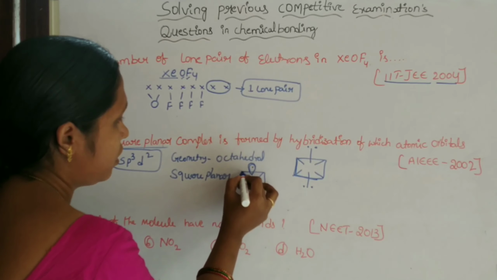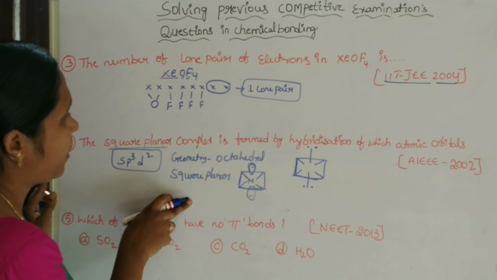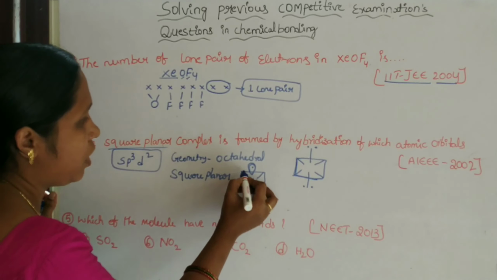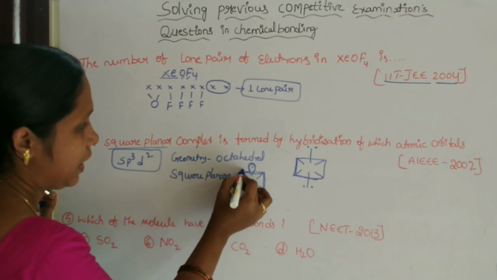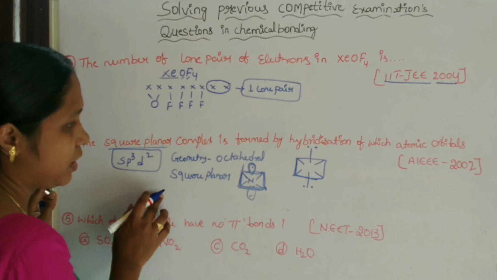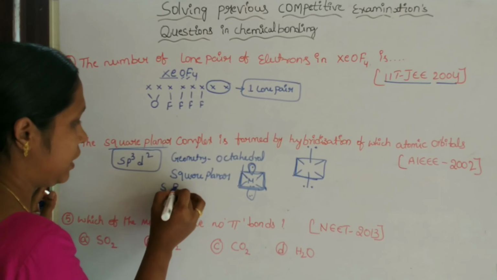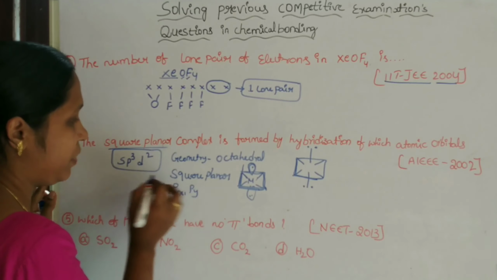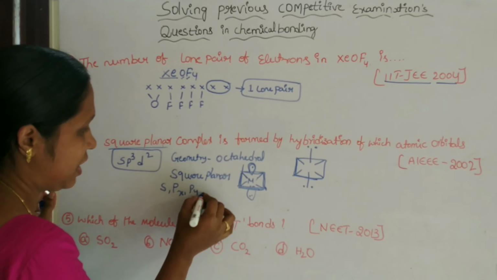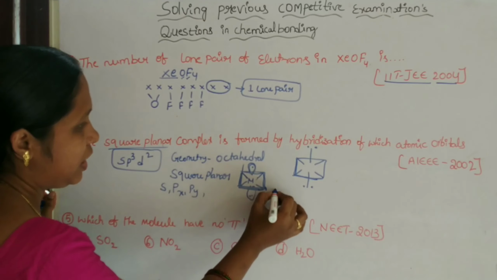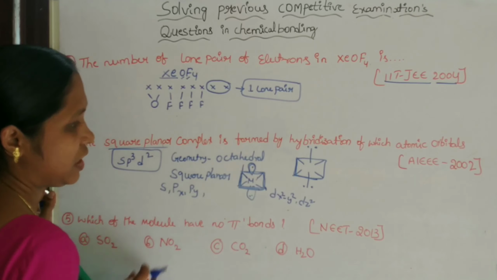See here, 4 orbitals are involved. Those are only along the x-axis and y-axis. Means, see, s is common and px, py, pz, where pz is along the z-axis. So don't consider the pz. And next are dx2-y2 and dz2.